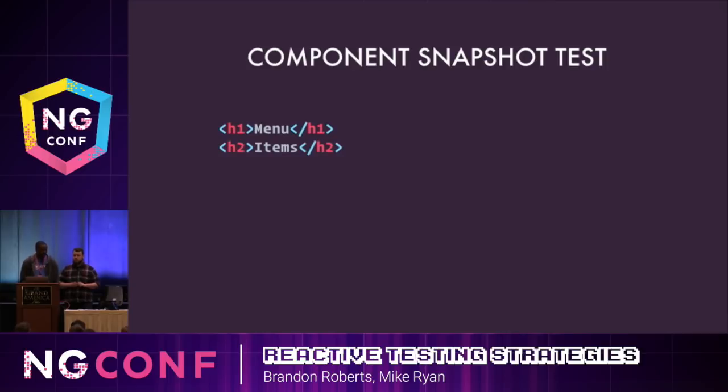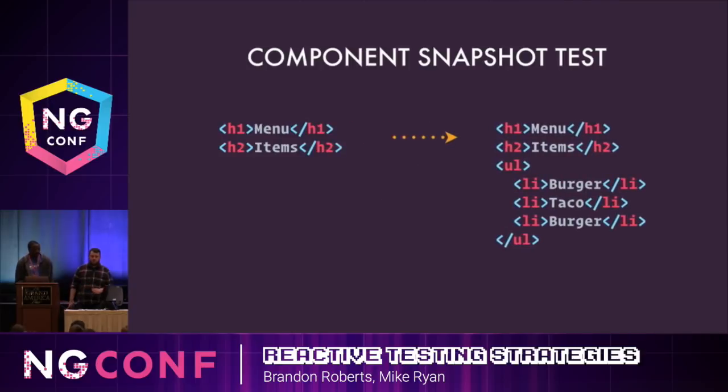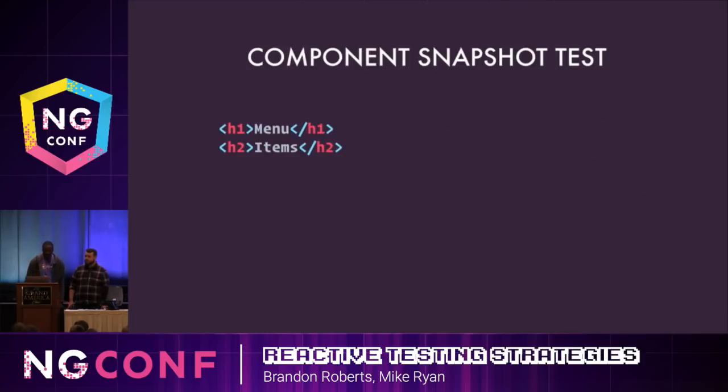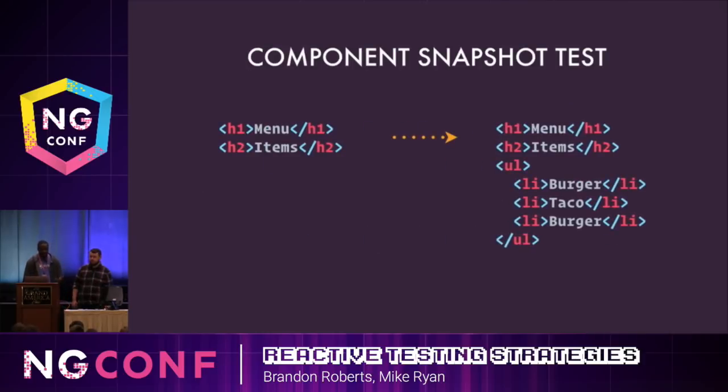So let's take a look at what a component snapshot test would look like. Let's say we started out with a menu and items elements here. If we changed the contents of that component and snapshotted it to include more things like burgers, tacos, or pizza, because we are very food focused on our team at work, you could look at what that component snapshot would look like.